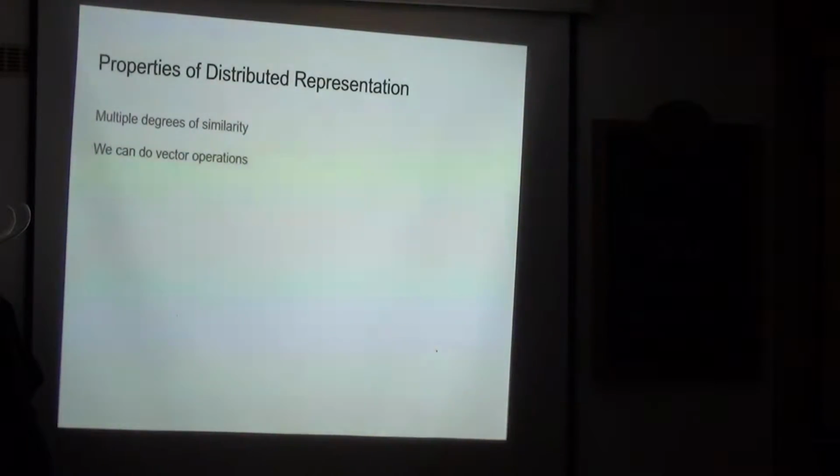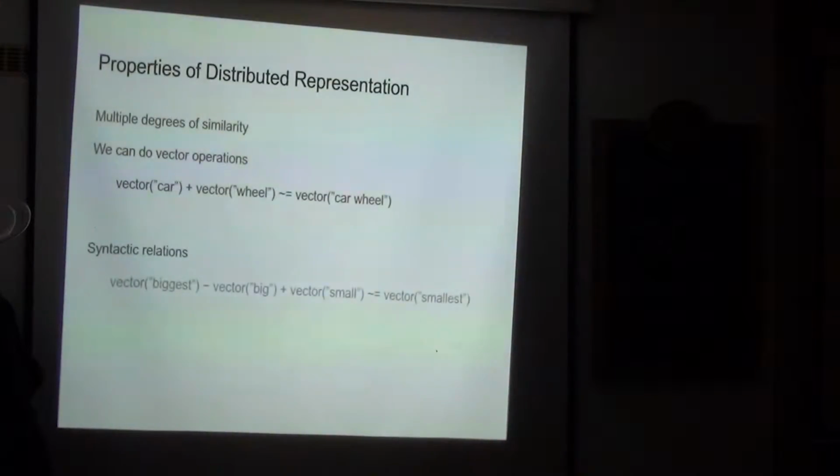So that means we can also do vector operations like addition, subtraction, and so on. For example, if we sum up vectors for words like car and wheel, we get a combined meaning of those two words. And we can also represent some relations as vectors.